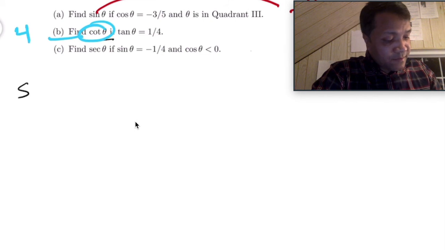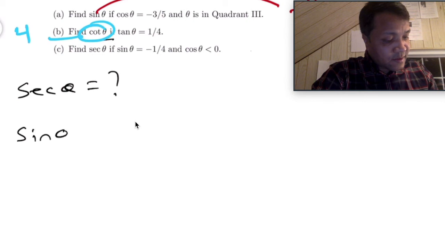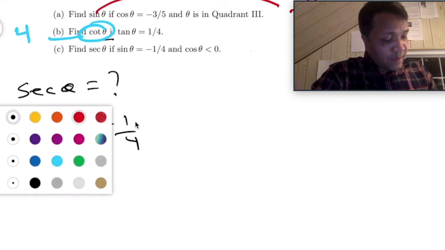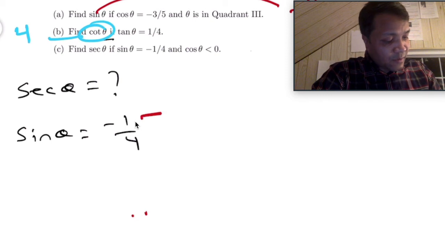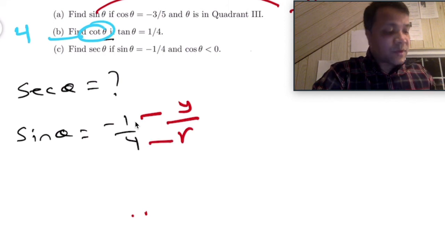So secant theta is what? When sine theta is negative 1/4. Alright, so let's remind ourselves what we have. So y is negative 1 and r is 4. Let's remind you what is sine theta.